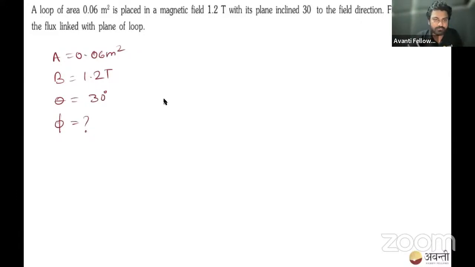Chalo, I am doing it on the board. Those who are doing, do. Those who are not getting, look here.